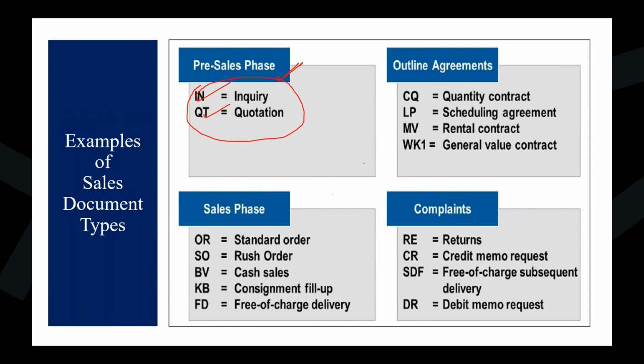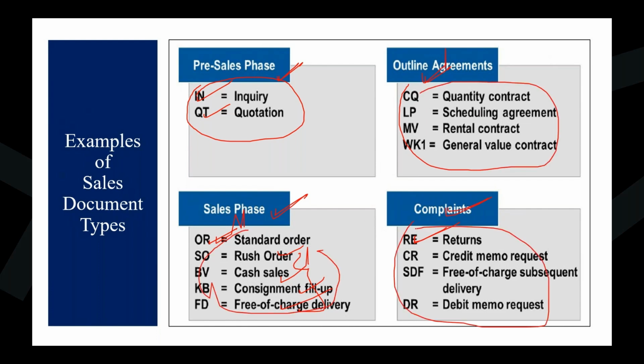And during the sales phase, if you recollect, to create a sales order, we used OR. Of course, there are some other ones which we will discuss later in our course: rush order, cash sales, consignment fill up, all these things. And for complaints, if you recollect, we used returns, RE. So for different business processes, standard SAP has already provided different document types.